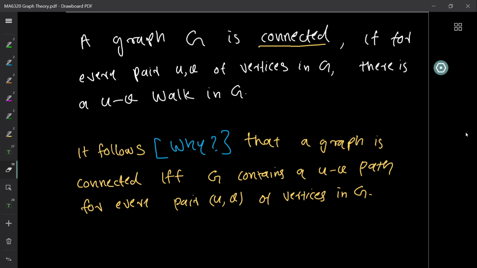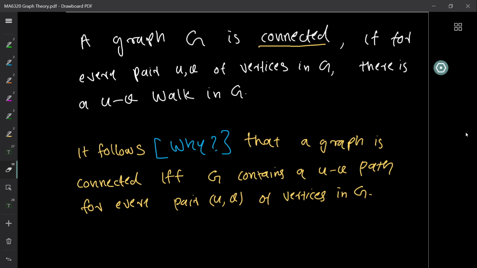What I would like you to show is that these definitions are equivalent.